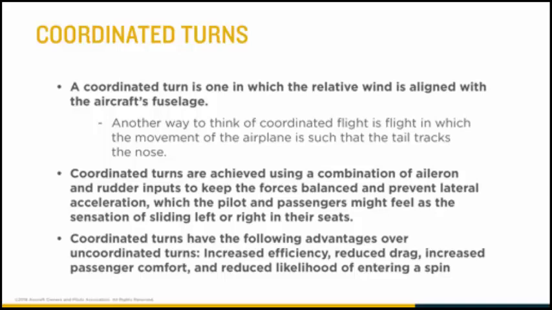A simple way to see if a turn is coordinated is with a yaw string, which is a piece of yarn taped to the nose of the airplane on the center line. When the string is pointed straight toward the tail, the airplane is in coordinated flight. Yaw strings are often seen on gliders as well.